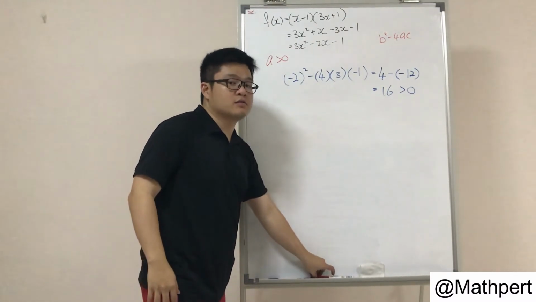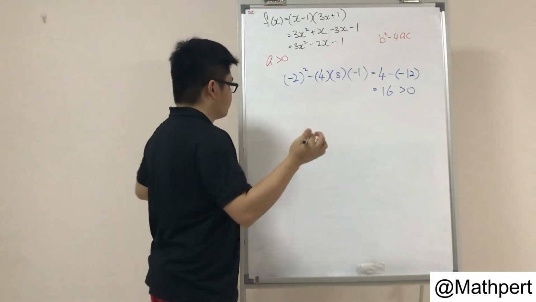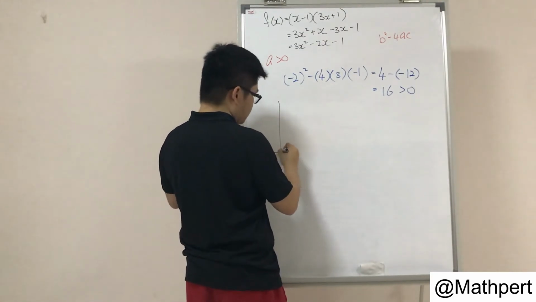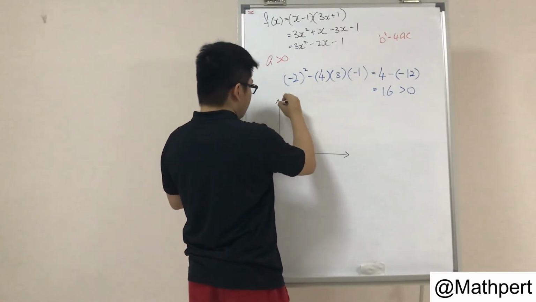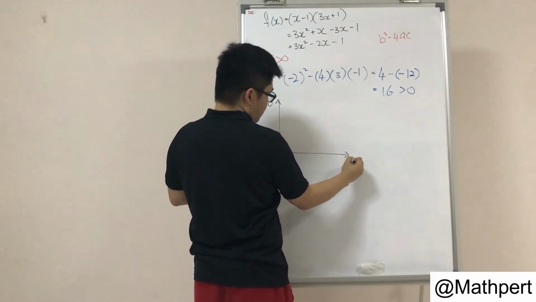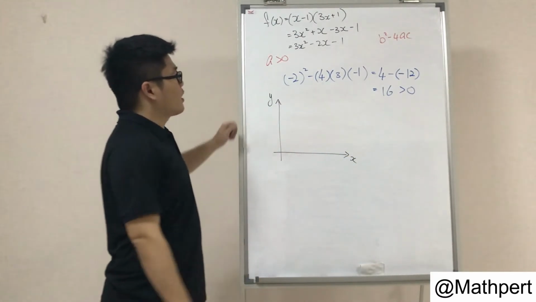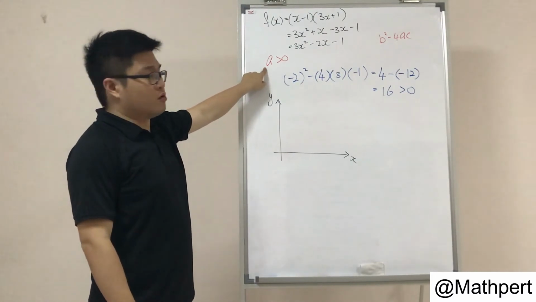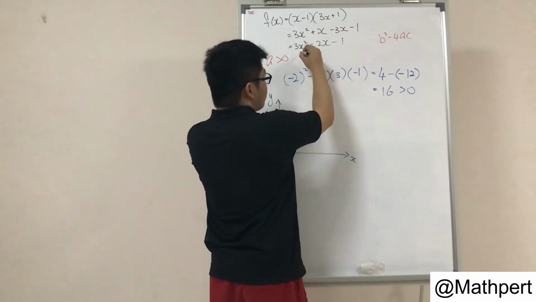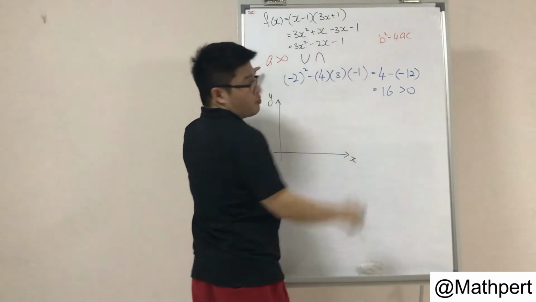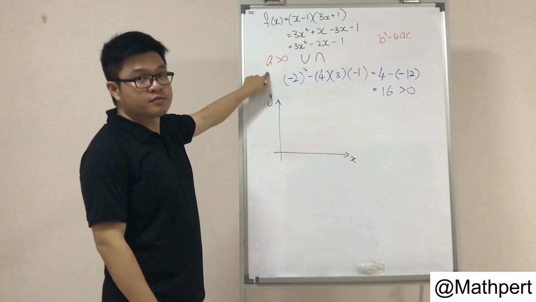Now let us draw the graph. Y-axis, x-axis. A is bigger than 0. Is it a U shape or an N shape?